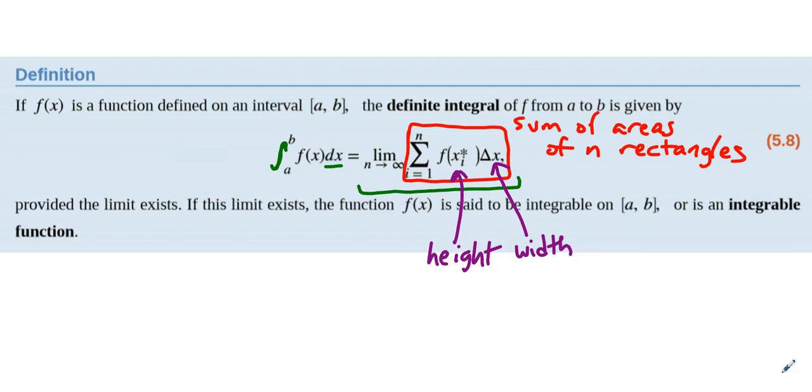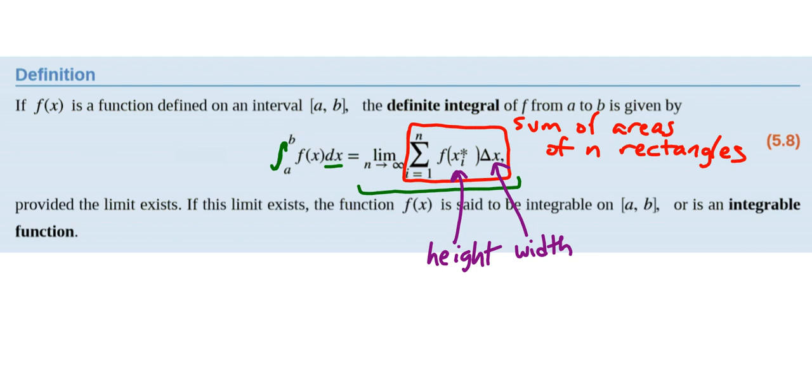And if that process goes somewhere, we say that this limit is the definite integral from a to b of f of x dx. What kinds of functions are integrable? All continuous functions are integrable. So all of the functions we're going to take integrals of are continuous. Easy that way.